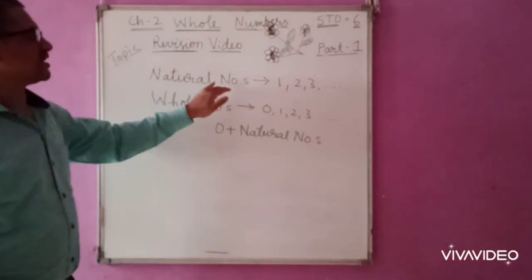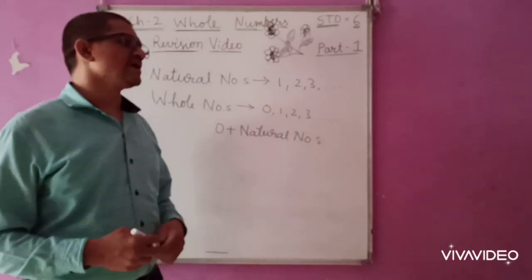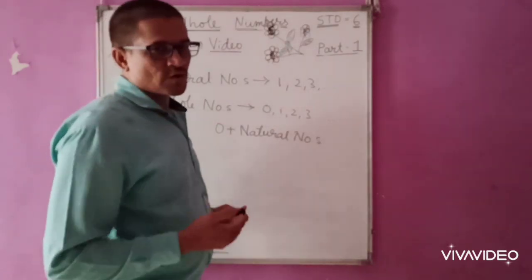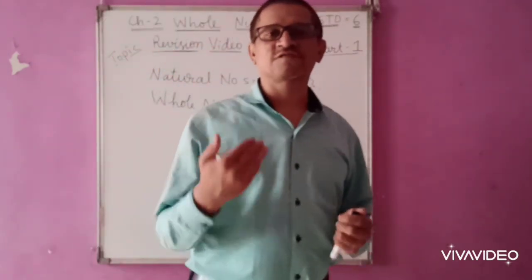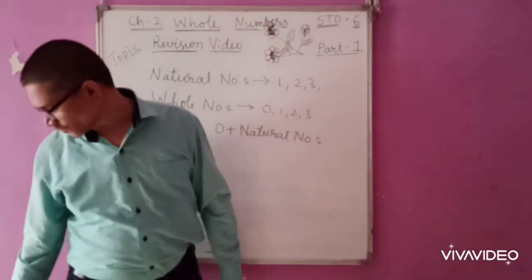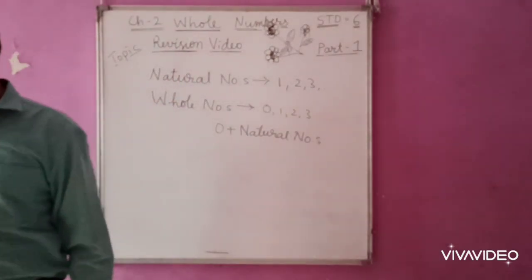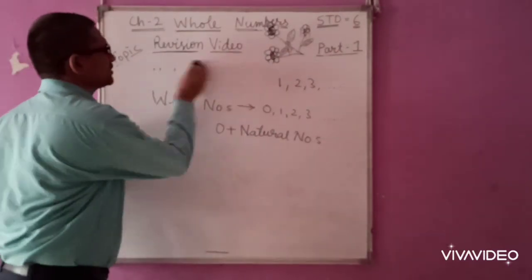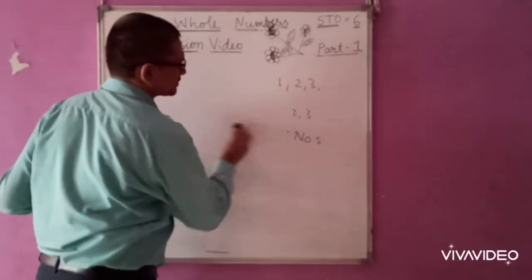Now, natural numbers and whole numbers, then addition of natural numbers and its property. What are the properties of natural and whole numbers? So we are going to learn that. So in that, properties of whole numbers.